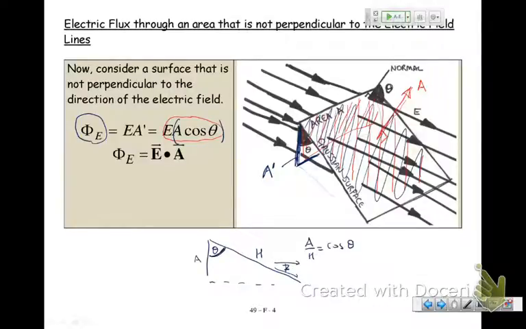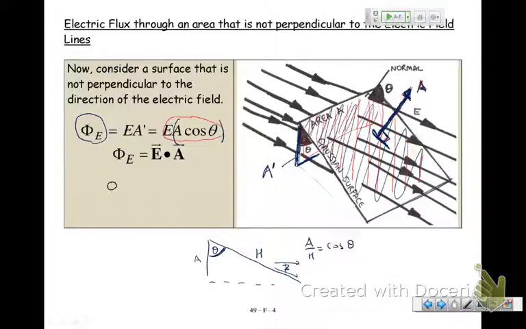And then somebody comes along and says, I've got a smart idea. Why don't we just invent an area vector? This area vector will have a magnitude equal to the area of our card, and its direction will be perpendicular to the card. And now that works great.